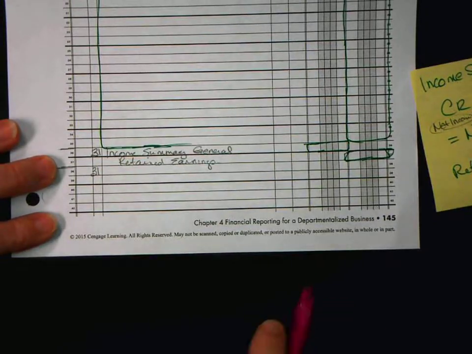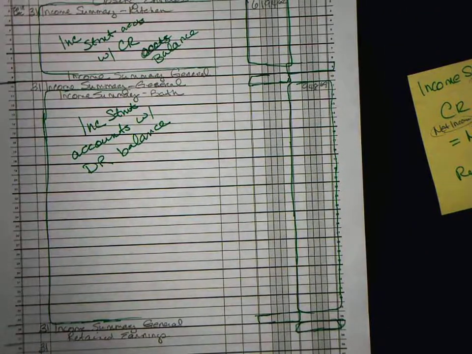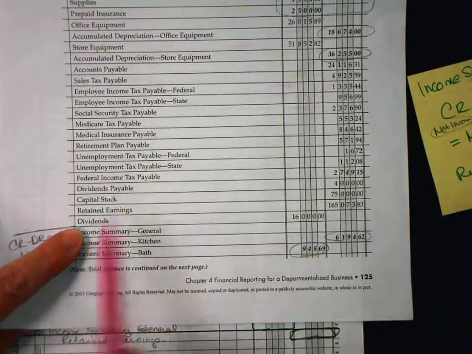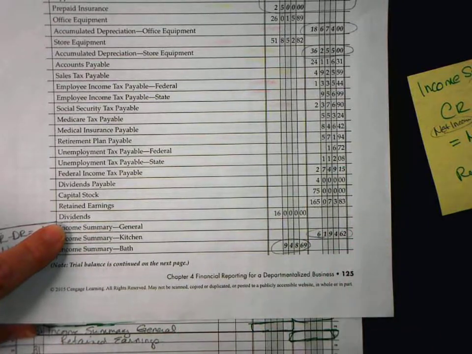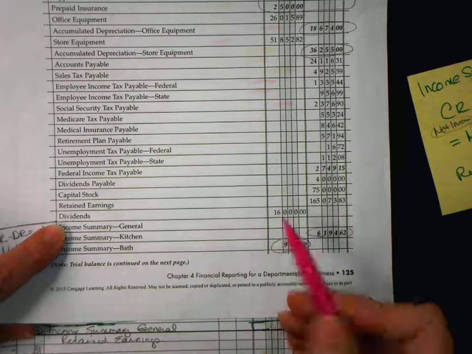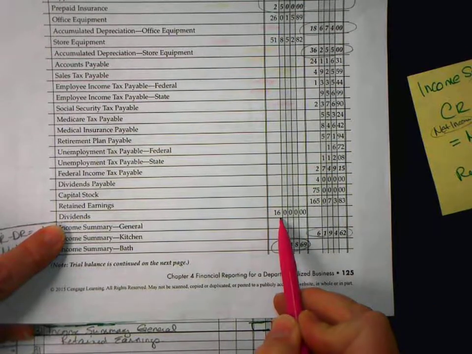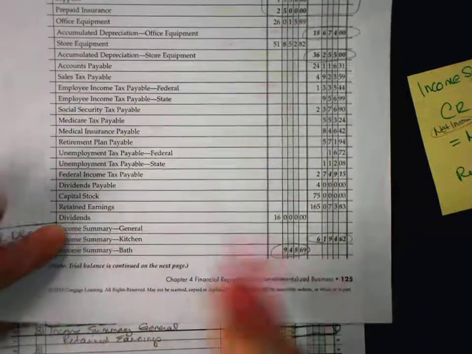So again, dividends, if we look at our adjusted trial balance, here's our dividends. Now this one's not necessarily income statement, right? But that was really the first two transactions. So here's our $16,000 debit. If we need to zero this out, we've got to credit dividends.